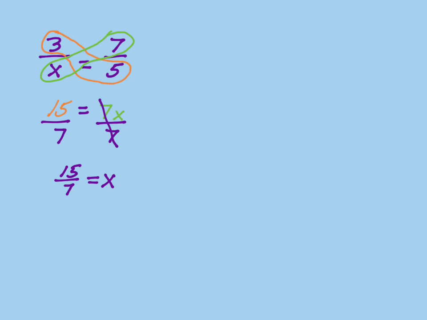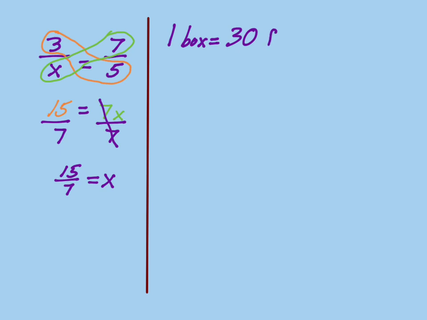Now, why do we want to be able to do proportions? Well, they help us solve things that are around us in everyday life. Let's say that we are wanting to put some new flooring down in our home. And we go to the nearest home improvement store and we see that one box of flooring covers 30 square feet.